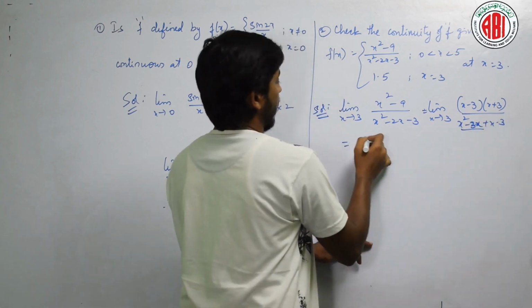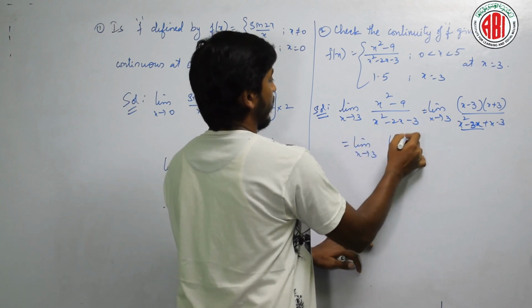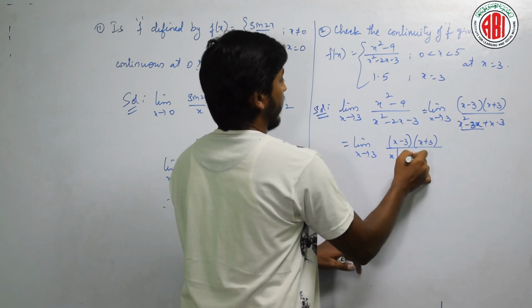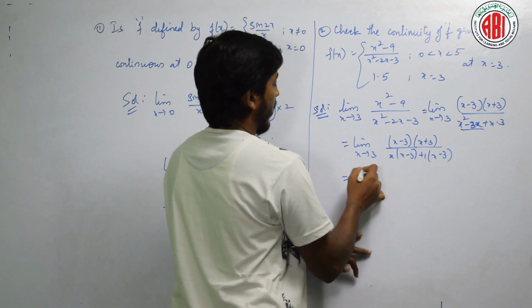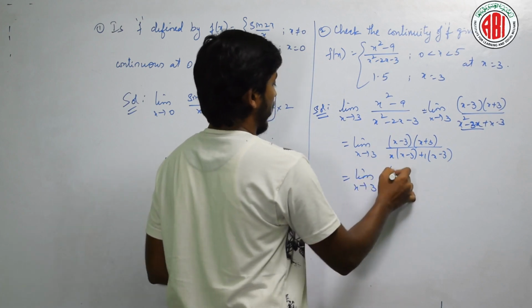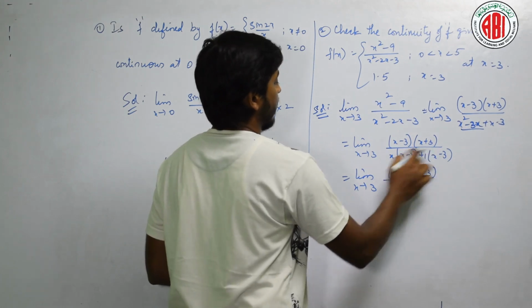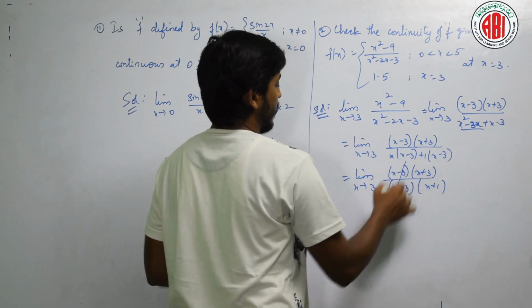Let us take x common in the first two terms, then this will become x minus 3, and if I take 1 common, this will become x minus 3. This will be limit x tends to 3 of x minus 3 into x plus 3 divided by x minus 3 common into x plus 1. These both will get cancelled.